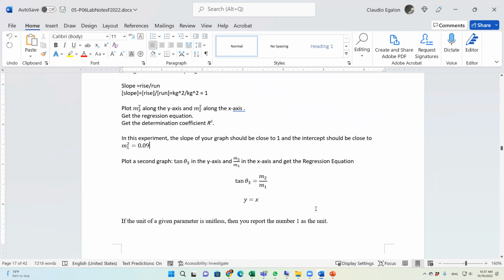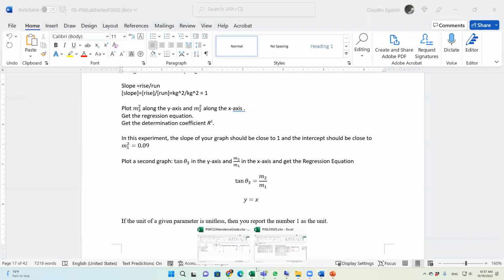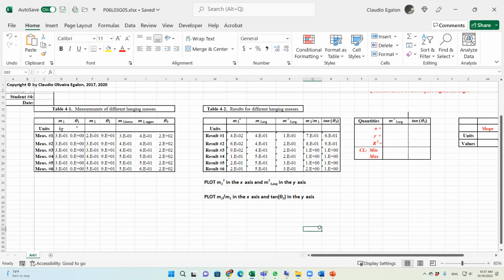Okay, so there are two graphs. The next graph should be tangent of theta 3 along the y-axis and M2 divided by M1 on the x-axis.